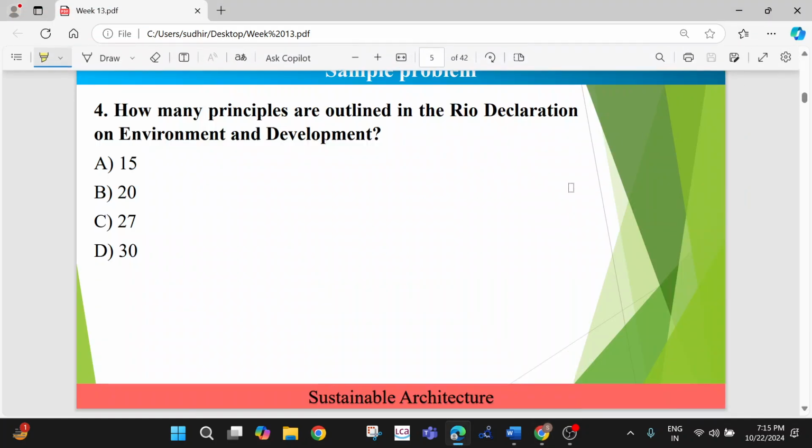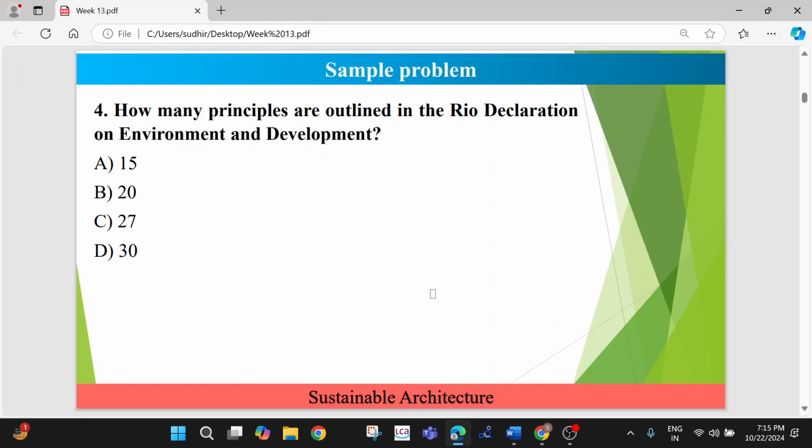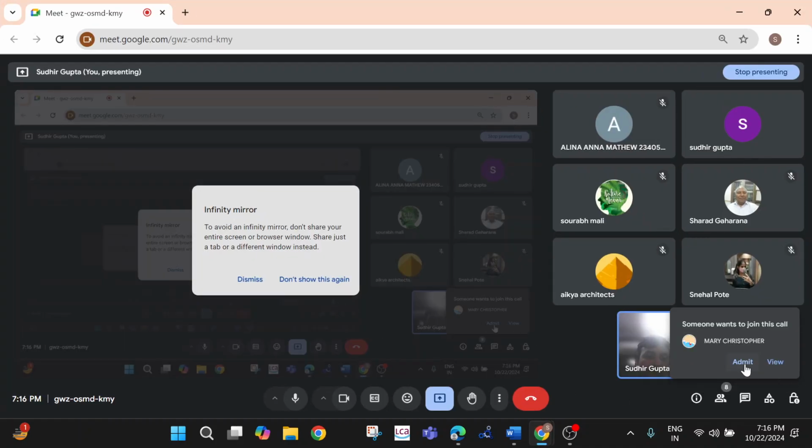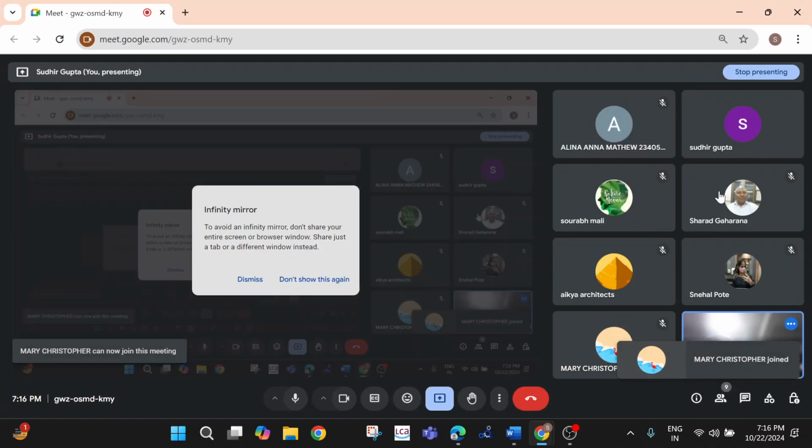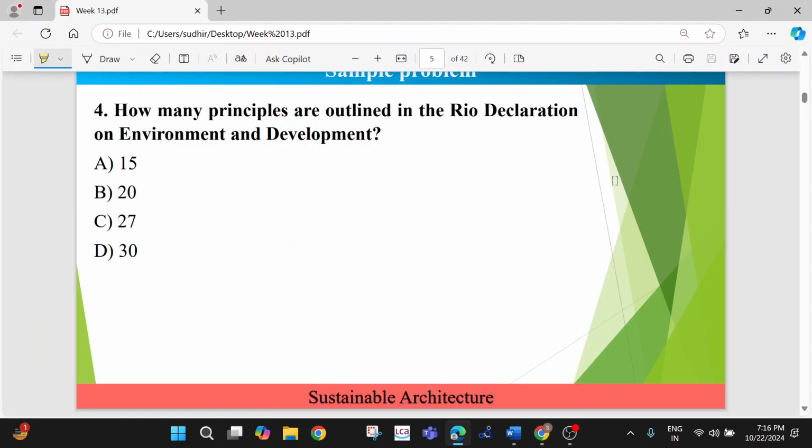So A and D are not the right answer. The correct answer to this question is option C. 27 principles are there. Is it clear? Is it clear to all of you? How many principles are outlined in the Rio Declaration on Environment and Development?